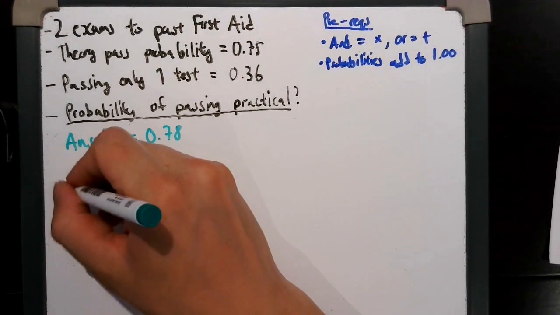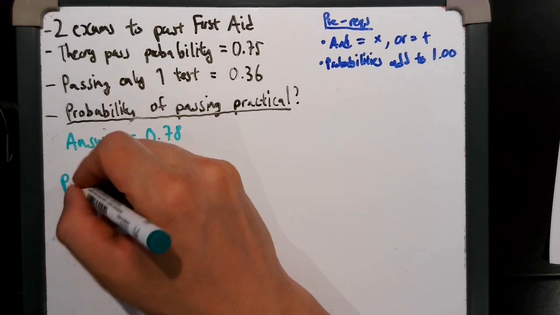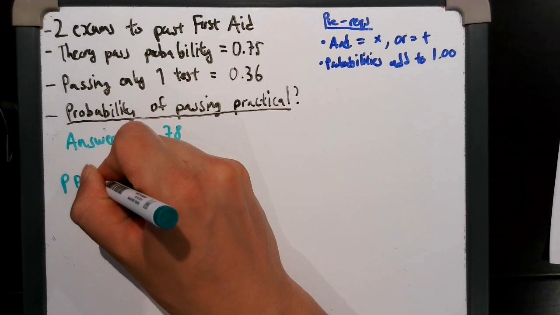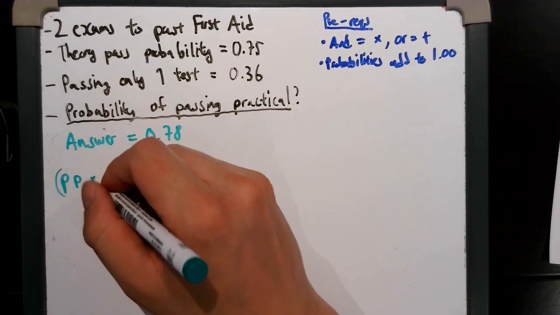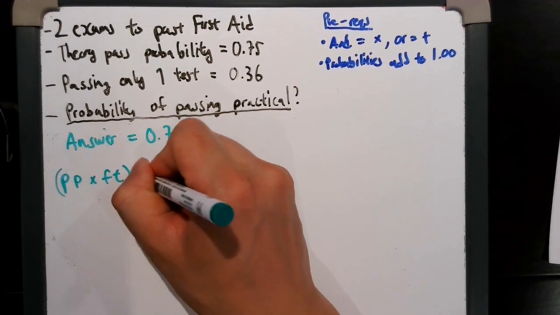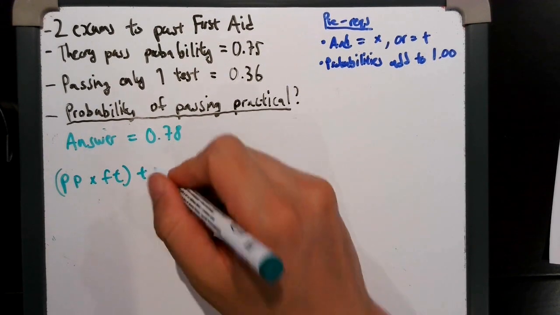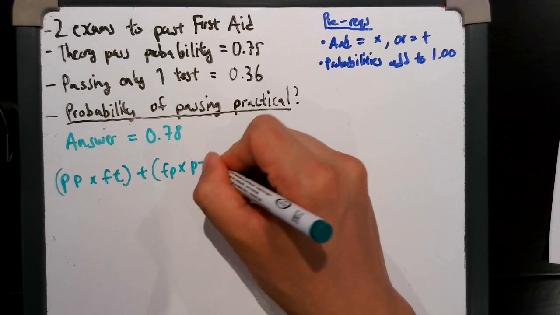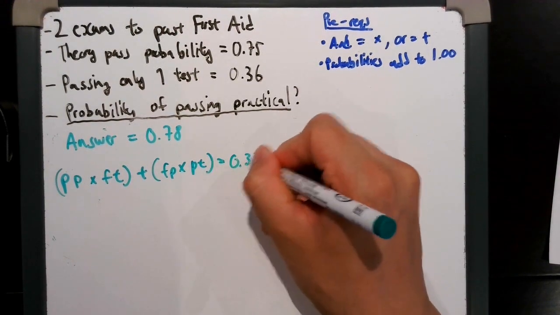So the two scenarios are: pass practical times fail theory, or fail practical times pass theory, which should equal 0.36.